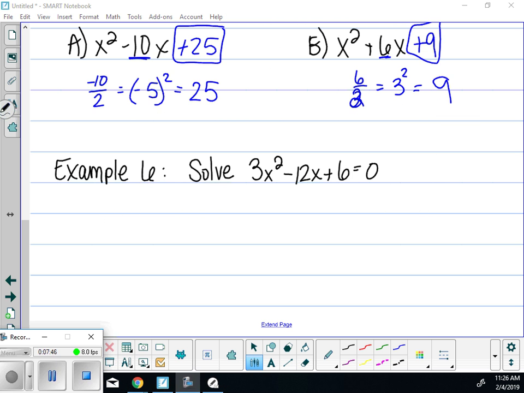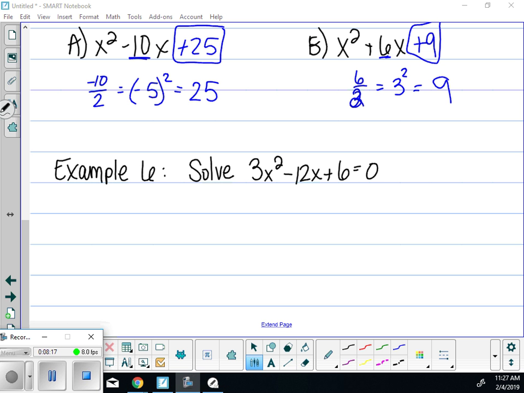So when you're given a quadratic equation, which this is because it has an x squared, an x and a number, I always try to factor first. But for right now, we know we're going to use completing the square because that's the section we're on. But if you can factor it, please. We're always going to follow the same steps when solving by completing the square.